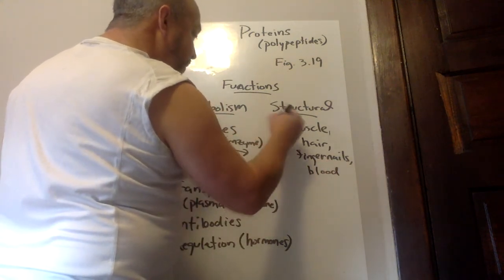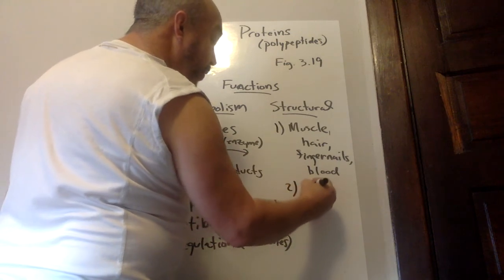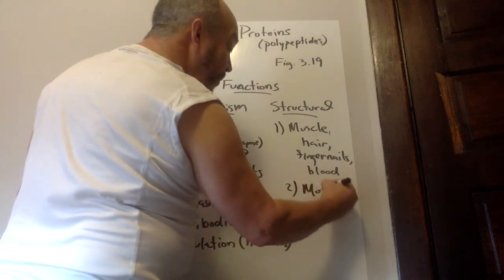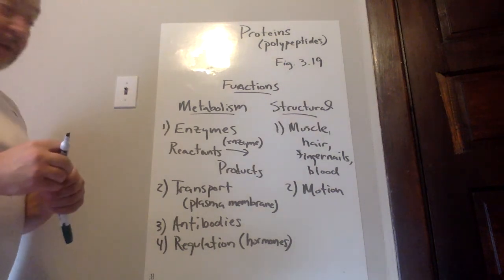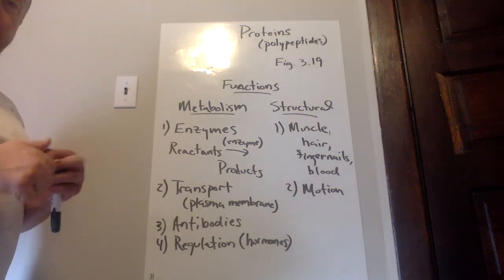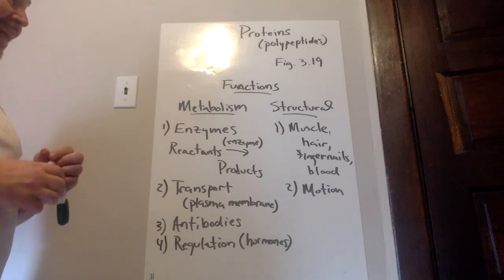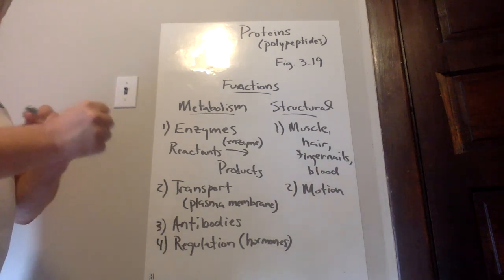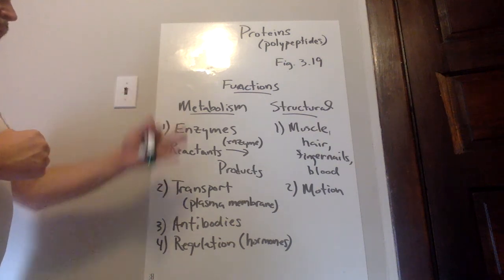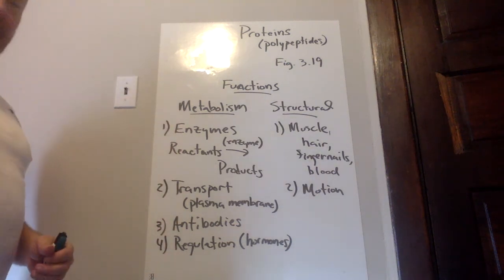Or, I should say this is number 1 under structure, or 2, it can be used for motion. Your muscles, remember, are what move you. So your muscles are attached to your bones, and as they contract and relax, they allow the movement of bones, which allows you to have your motion. So these are the different functions of our proteins.